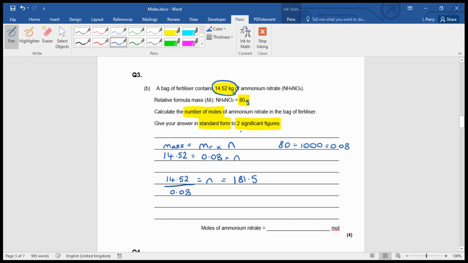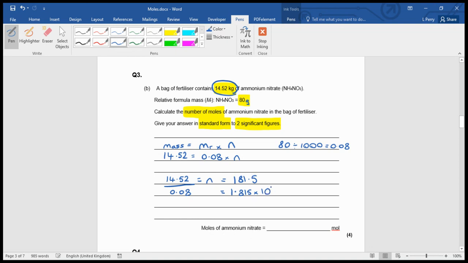Now I was asked to give my answer, first of all, in standard form and then to two significant figures. So standard form, I need to use the first number, then put a decimal point, then the next numbers, times 10 to the power, and then I have to work out how far I've moved my decimal point.